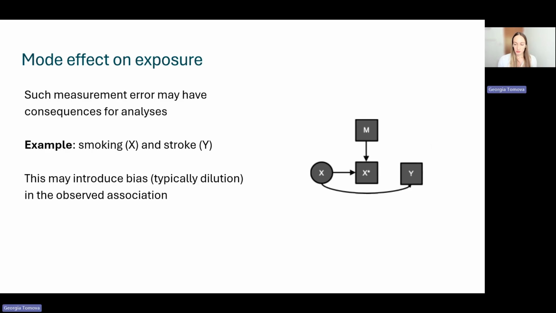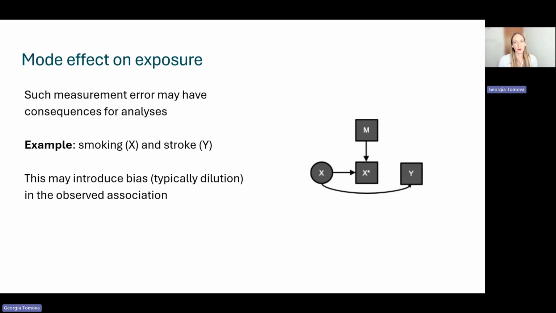Of course, we can have the situation that's the other way around. So smoking is the exposure, not the outcome, in some example analysis. For example, if we're interested in the effect of smoking or X on stroke Y, we might assume that stroke will be measured objectively across modes, but we know that smoking will be subject to a mode effect. So we use the same structure, this time in the exposure.